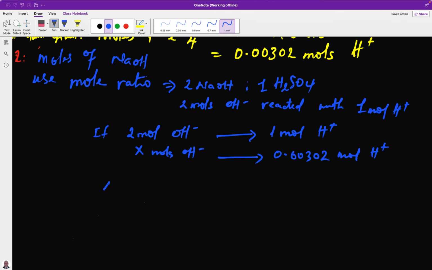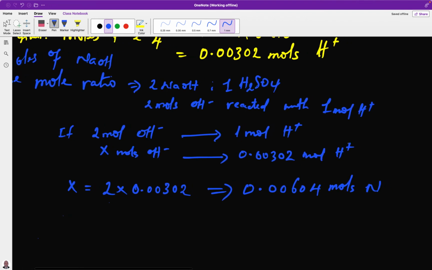Simple proportion. Our X moles will be equal to 2 times 0.00302, which will be equal to 0.00604 moles of sodium hydroxide.